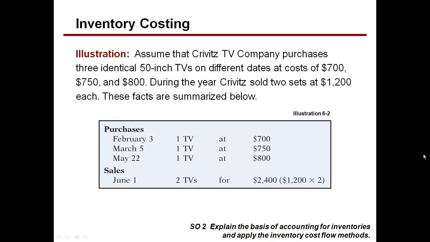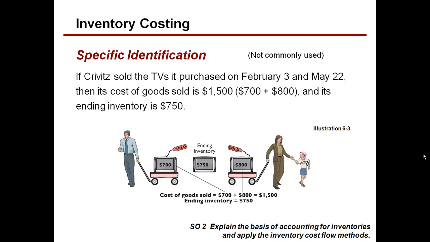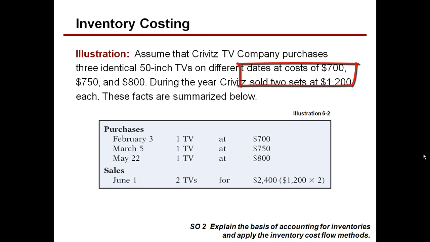We're just going to deal here with costs and not revenues. So in this case here, we learn that Crivets sold the TVs purchased on February 3rd and May 22nd. That is the cost of $700 for February 3rd and $800 cost on May 22nd.